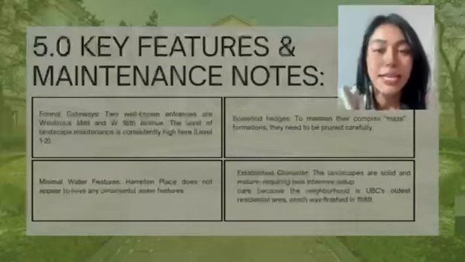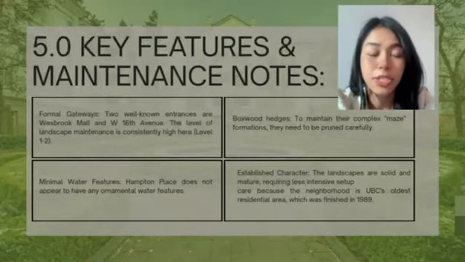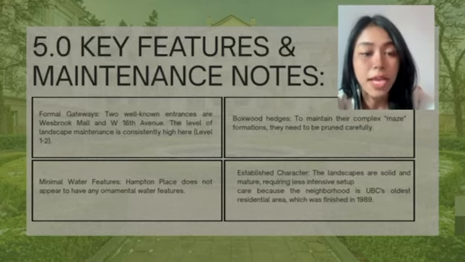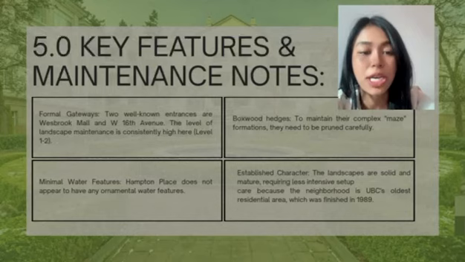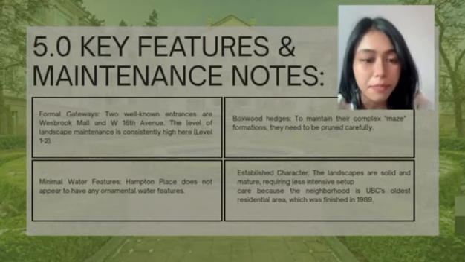Hi, I'm Aida. So we're moving on to chapter section 5.0. Let's look at the key landscape features and current maintenance notes for Hampton Place. As UBC's oldest residential area, completed in 1989, the neighbourhood has a highly established and mature landscape character. Because of this maturity, it requires less intensive initial setup care compared to newer developments.